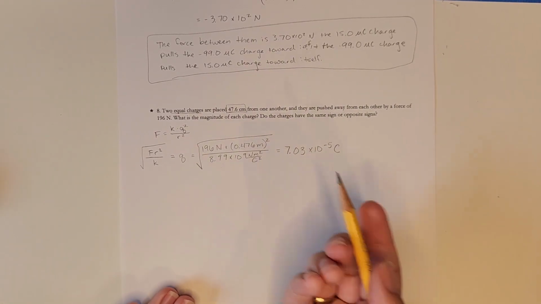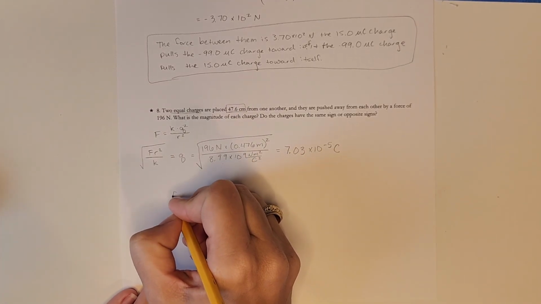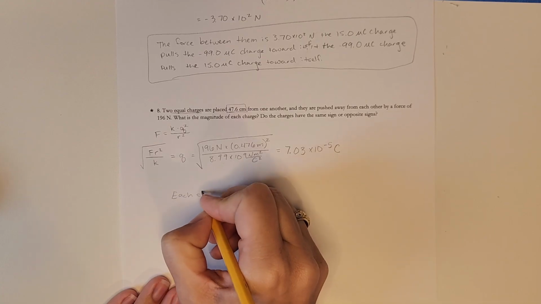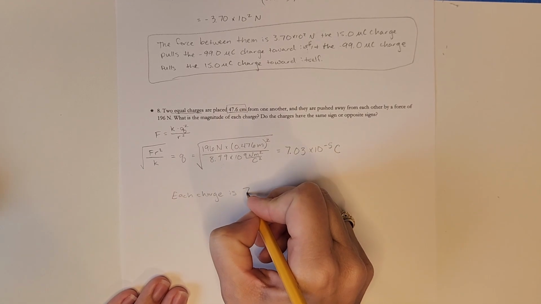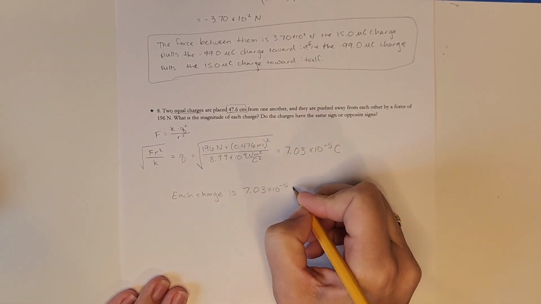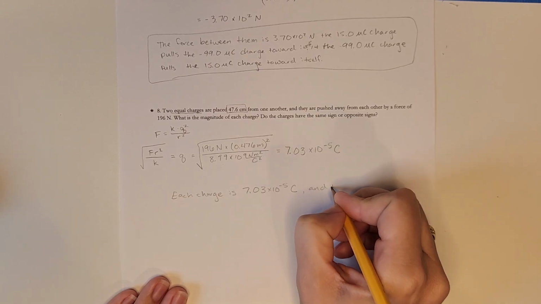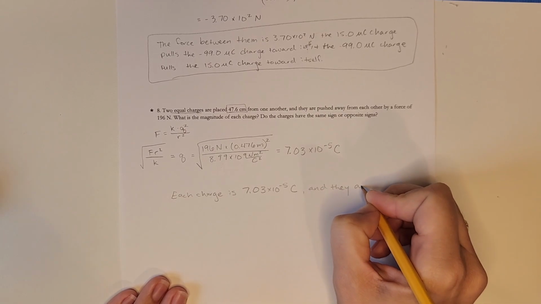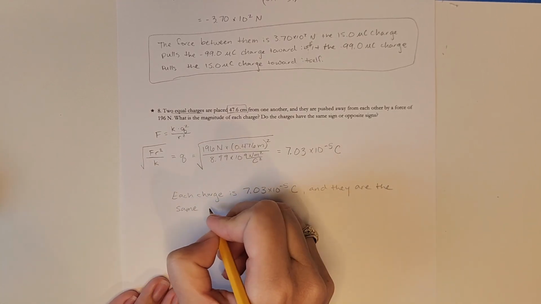And now we can write out our answer. So each charge is 7.03 times 10 to the negative 5th coulombs, and they are the same sign.